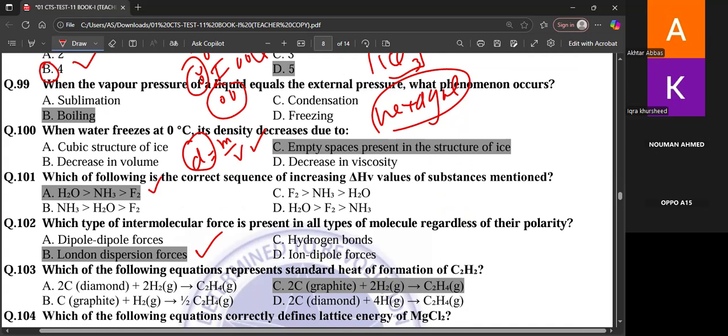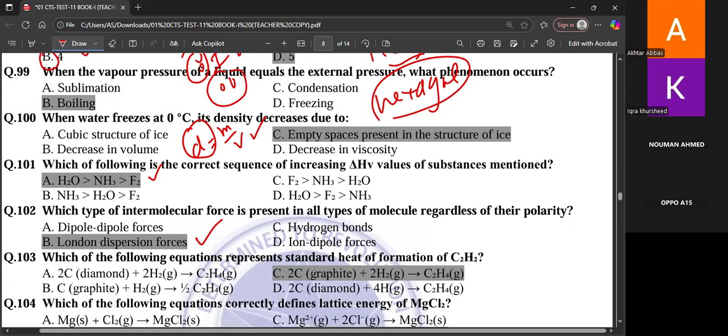These forces are very weak, so they are only significant in non-polar molecules, because in polar molecules, other types of intermolecular forces are also present. So your best option is B.